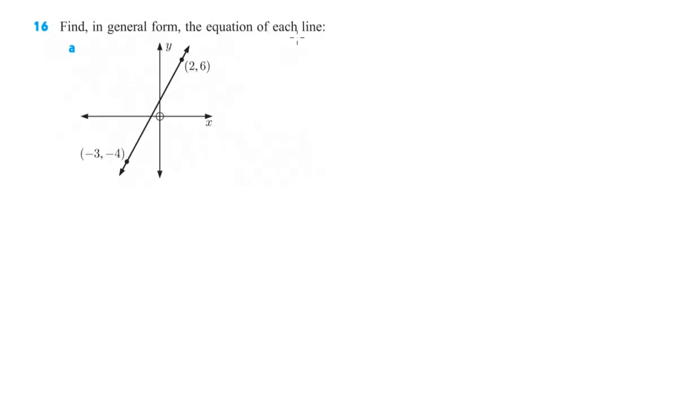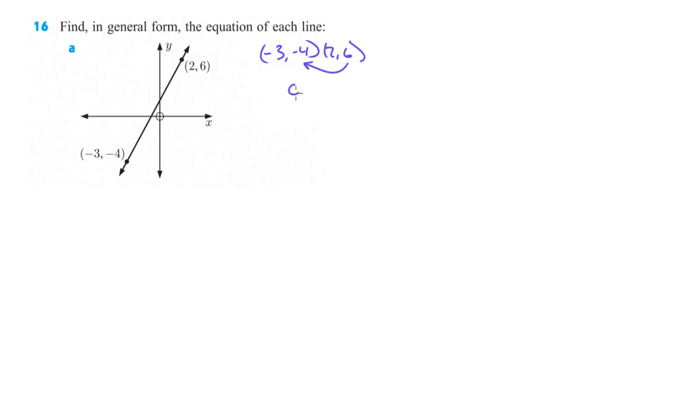Find in general form the equation of each line. So this is a line here, but the thing is it gives us 2 points, so it's just like what we did on 15 and just use the two points here. So we got negative 3, negative 4, and 2, 6.